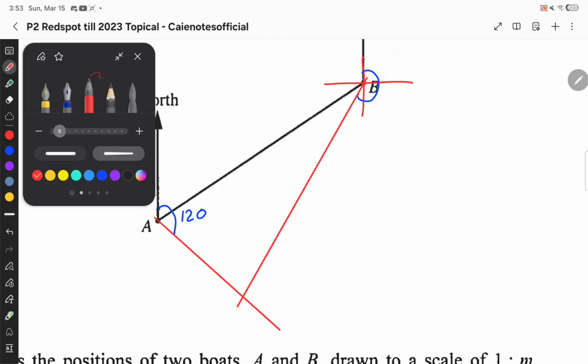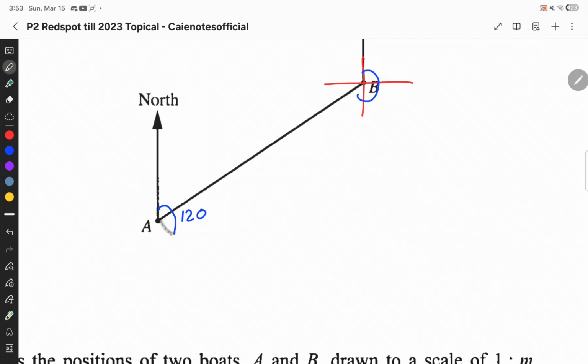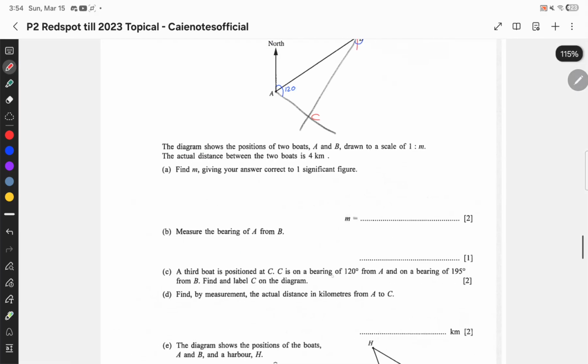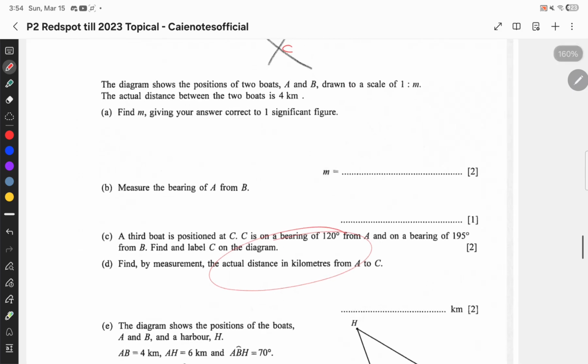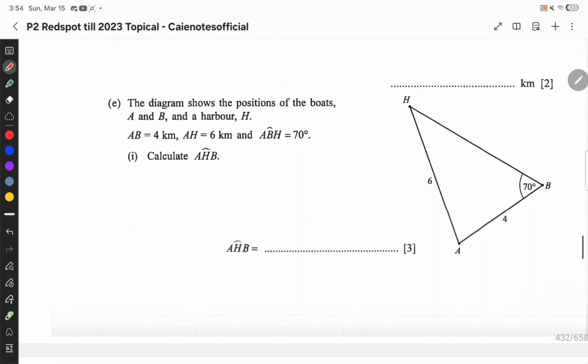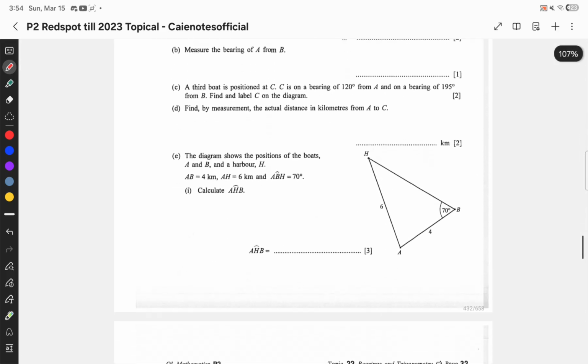Now since we mark C using our pencils, C is our third point which we label, and that is how you do this C question. See, this is like the scale drawings bit I said earlier in the video, at the start of the video.